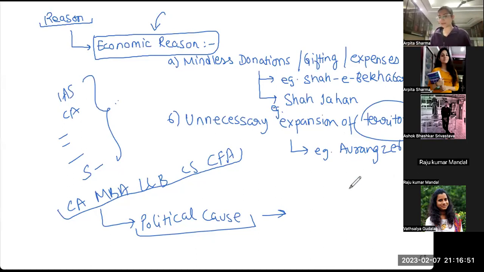What will be in the political cause? Again, in the political cause, there was no union between the Mughals and the Marathas and the Sikhs. The Mughals were marching ahead, but they were not even looking at the weak rulers, and also there was no unification among the rulers. The Mughals were thinking we are supreme, we are above everything.